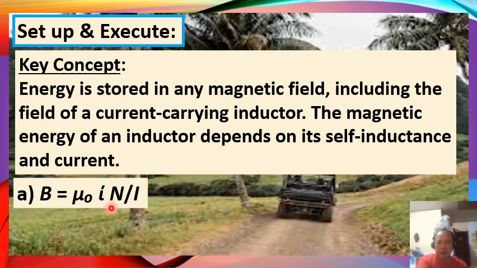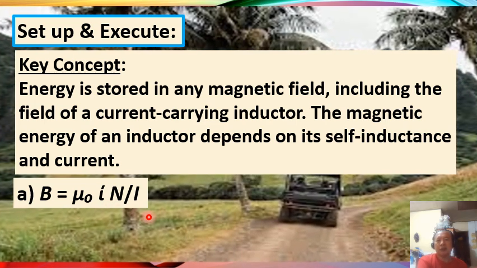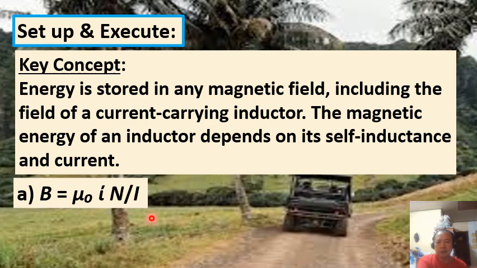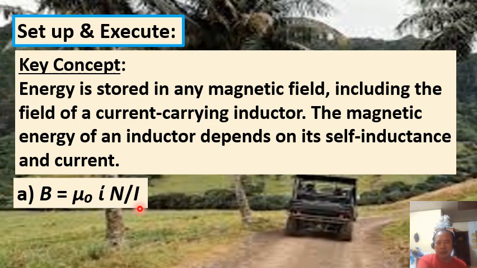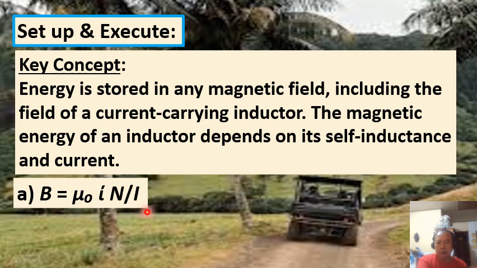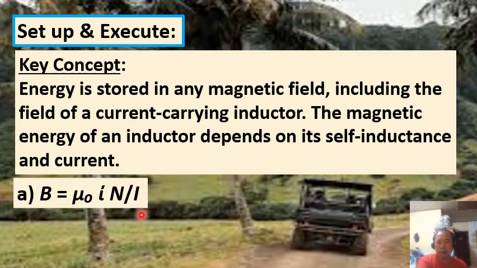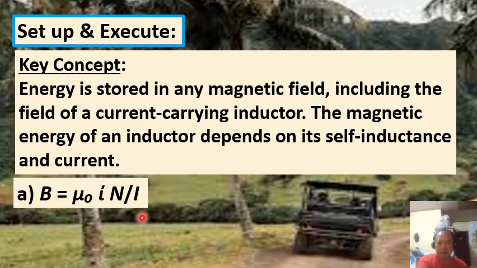And small letter I, of course, is the changing current in the inductor. Capital N per small letter L is what we call the number of turns per unit of length.